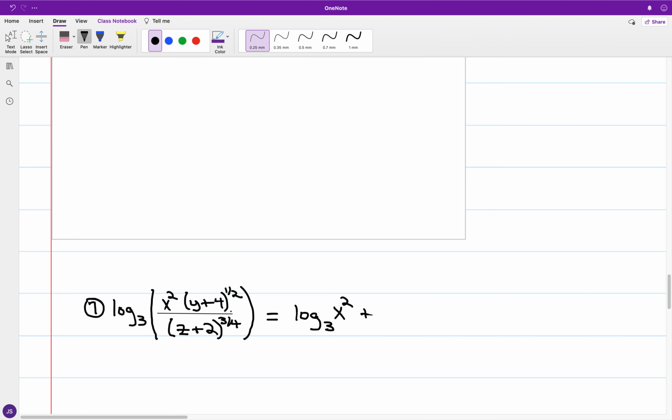Next, working with y plus 4 to the 1/2, which was the square root of y plus 4, we have plus the base 3 logarithm of the quantity y plus 4 to the 1/2, and with z plus 2 to the 3/4 on the bottom, that individual base 3 logarithmic term will be subtracted.